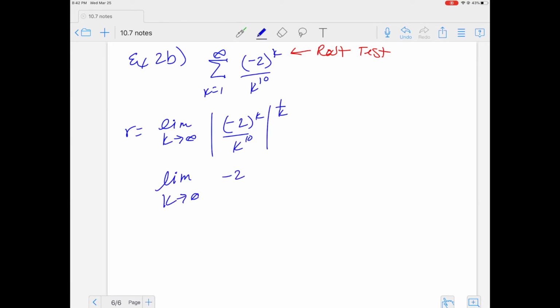You get negative 2 in the numerator, because the k over k cancel, over k to the 10 over k power. Right? So, now, if we're looking at this, I have negative 2 here, so the absolute value of that just ends up giving me a 2, so r is equal to 2 over, now look what's happening here.